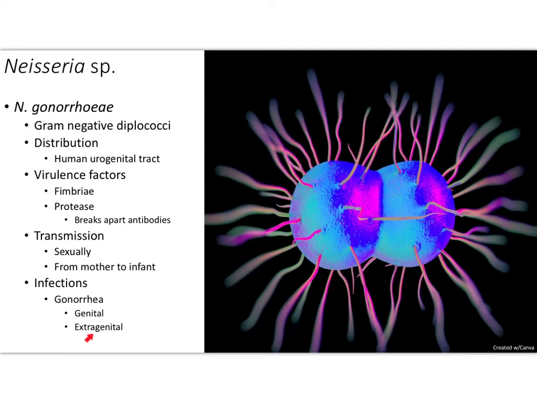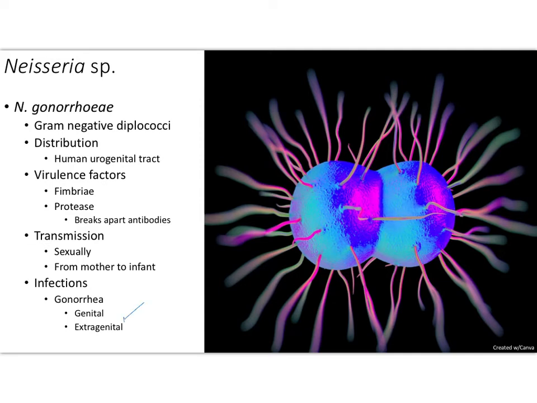Sometimes those occur because of a genital infection that has spread. Other times they occur because it was passed on to a baby and it got into the eyes during the birthing process. And then unfortunately there is one other way to spread gonorrhea to a different part of the body besides the genital regions or the reproductive tract, and that is through what's called autoinoculation.